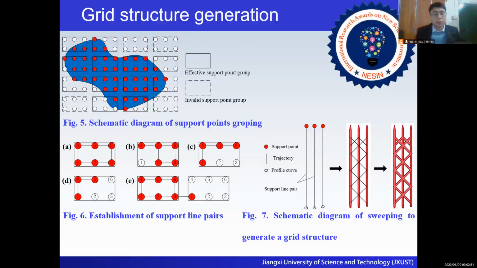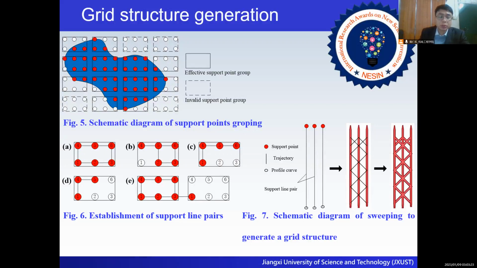The effective support point group includes at least one support point and a maximum of 6 support points. The grid structure is only generated between adjacent support points in the group, leaving gaps between groups.